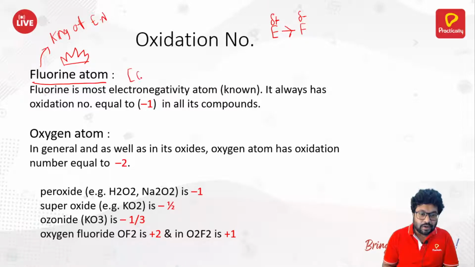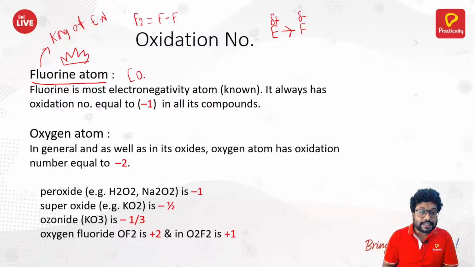One is 0, when it is combined with no other element, when it is attached with its own atom. For example, in F2 molecule, one fluorine atom is attached to another fluorine atom. So that means electronegativity difference is 0. It cannot withdraw electron density away from the other fluorine atom.